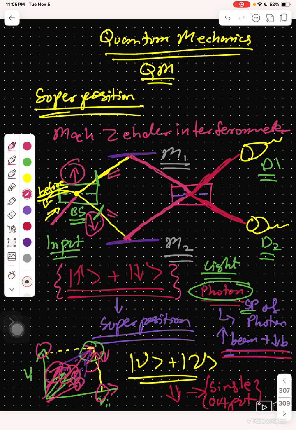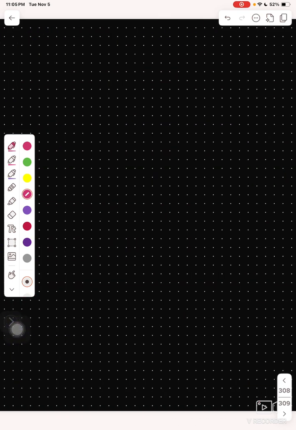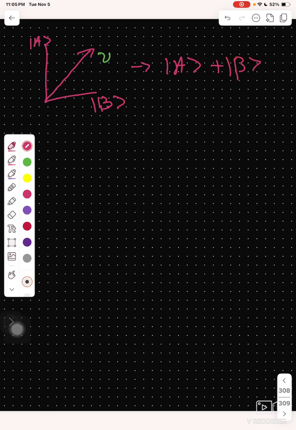So let's suppose we have two vectors, a and b. Their superposition will be a plus b, a superposition state of being in a plus in b, such that if we measure some property of a, we get a small a, and if we measure some property of b, we get a small b.